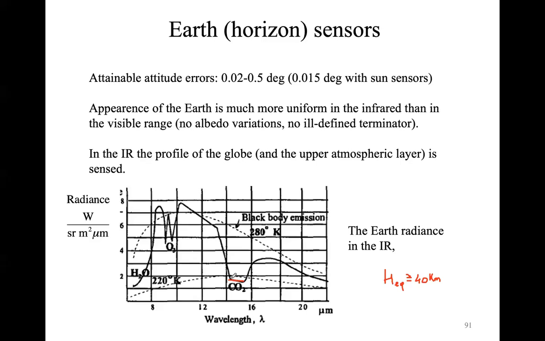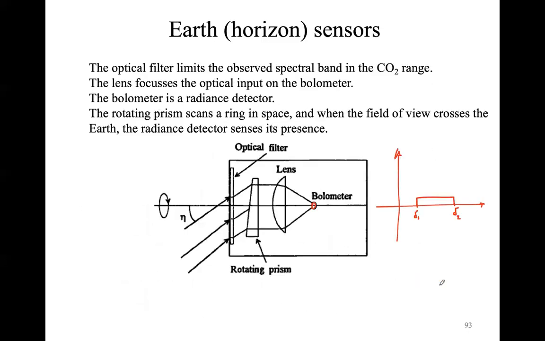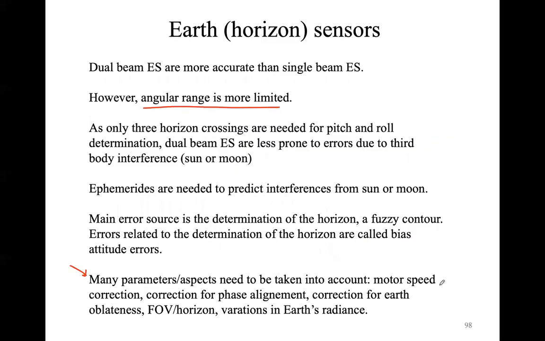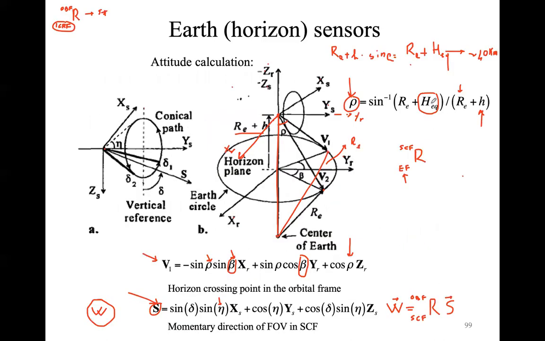But on the other hand, you also know that basically that value could be affected by some errors. And so that's the reason why the H equivalent can also provide some errors in your measurements, because if you assume that your H equivalent is exactly 40 kilometers and it is 39, that would affect your error.